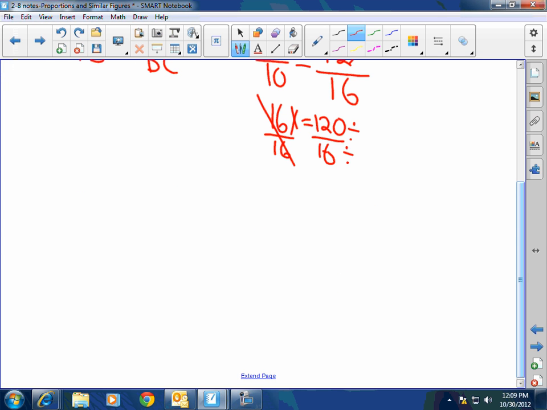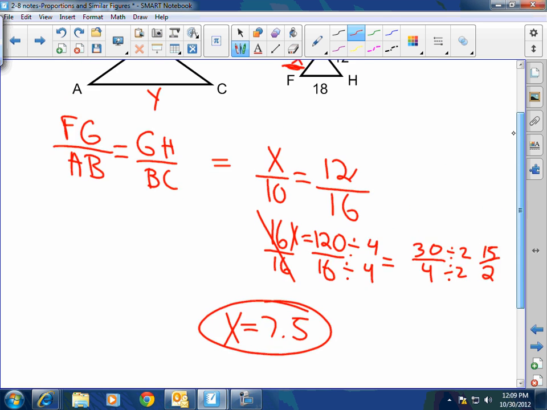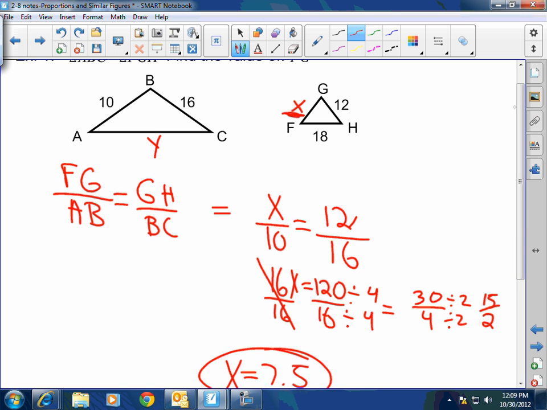So I'm going to divide both of these by, let's do 4, right? So 4 would be 30. Oh yeah, I should have done 8. But oh well, it is what it is. 4, and then we could go one more, divide by 2. So 15 over 2. So x equals 7.5. So this guy right here is 7.5.